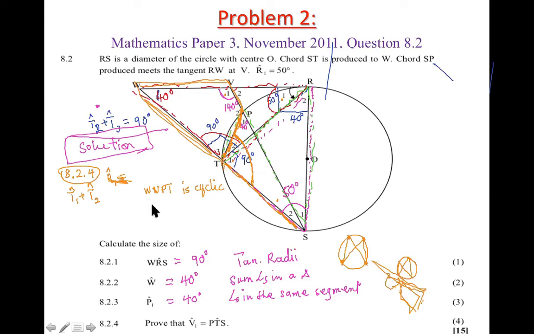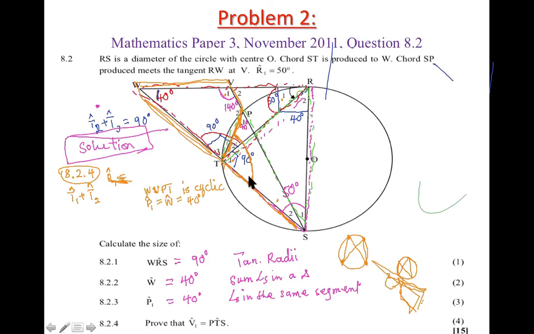Where you say P1 is equal to what? W, which is equal to 40 degrees. Now, what is going to happen is that we can say if WVPT is a cyclic quad, then obviously once we know that it is a cyclic quad, the interior angle, which is V1, must be equal to what?